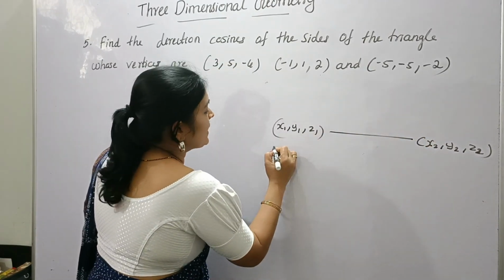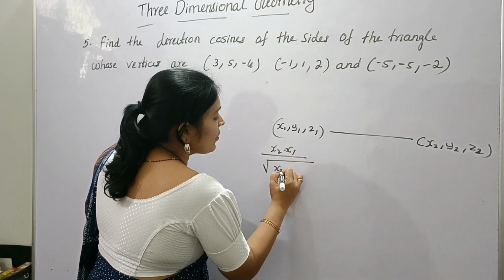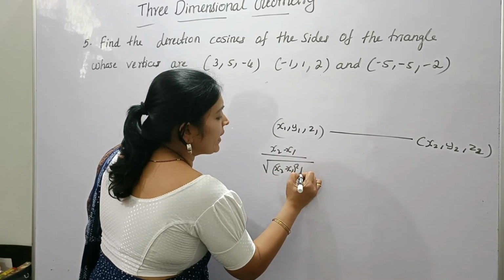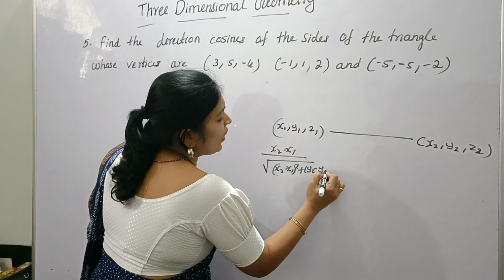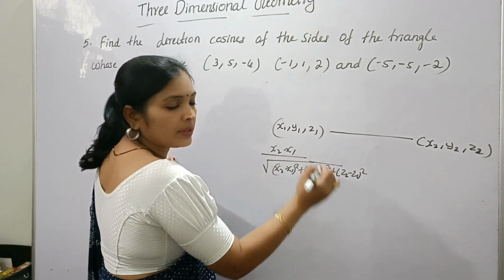Direction cosines are x2 minus x1 divided by root of x2 minus x1 whole square plus y2 minus y1 whole square plus z2 minus z1 whole square.